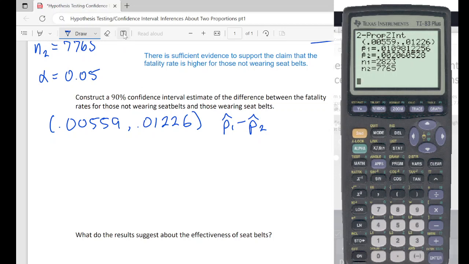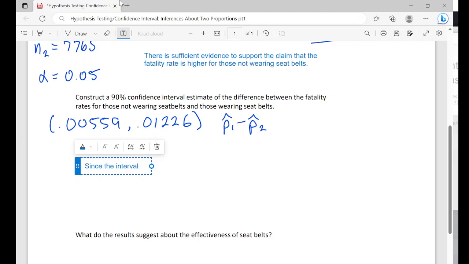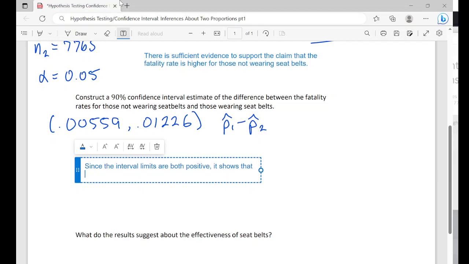So we need to actually go in and state that claim. So get rid of the calculator and come on back. And I can state that since the interval limits are both positive, it shows that the fatality rate is higher for the first population.